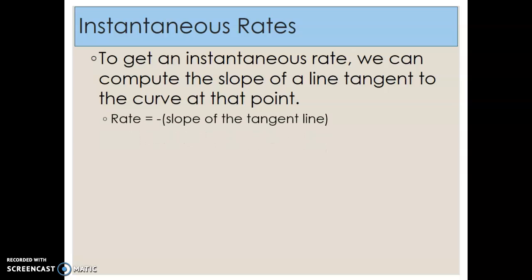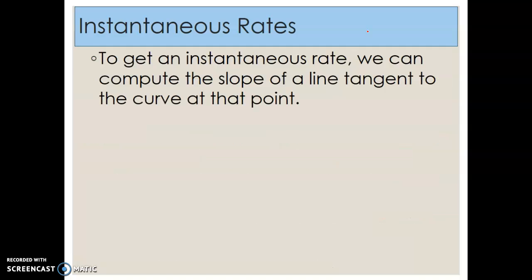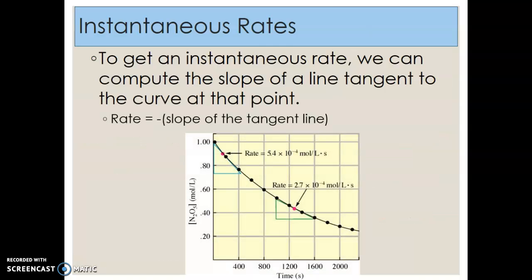So rate is equal to the negative slope of the tangent line. You saw in the graph here we had these curves, and then you have this tangent line going there. Also in this picture we have this curve showing the decrease of the reactant over time, and the tangent is showing us the rate.